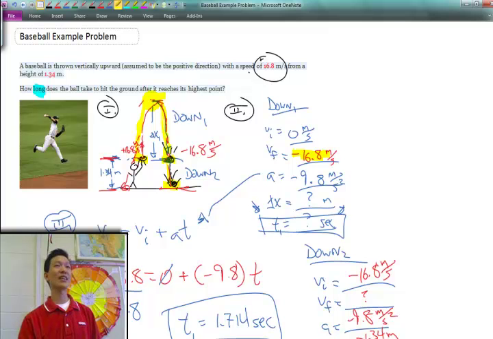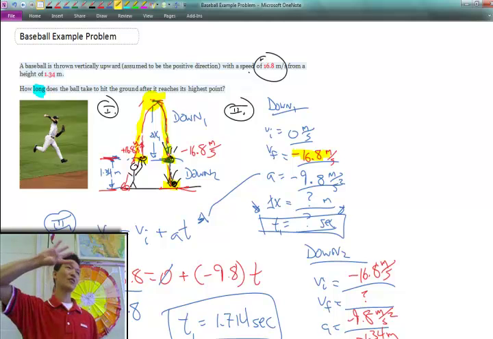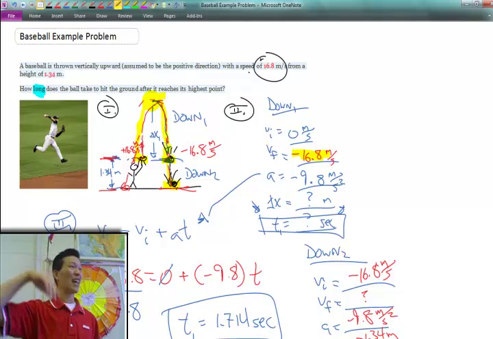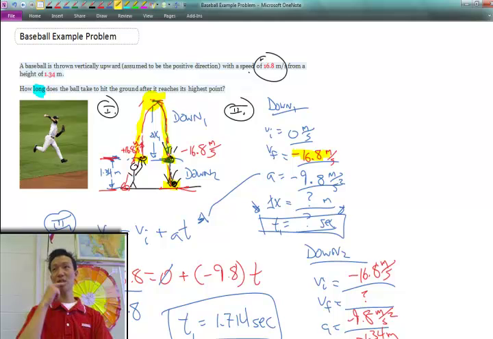That's another way to do it, and you'll get the same thing, okay? Some people will like that easier because you don't have to do the quadratic formula. But the cool thing is you'll get the same answer because the 4 nifty equations of motion are all derived from the basic definition of velocity, acceleration, and finding your position based on the average velocity of something accelerating. Okay? In a nutshell, that's the evil baseball problem.